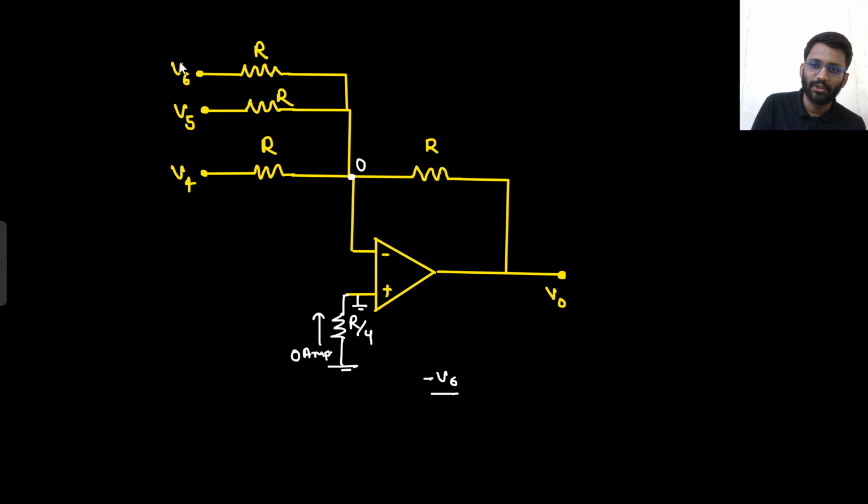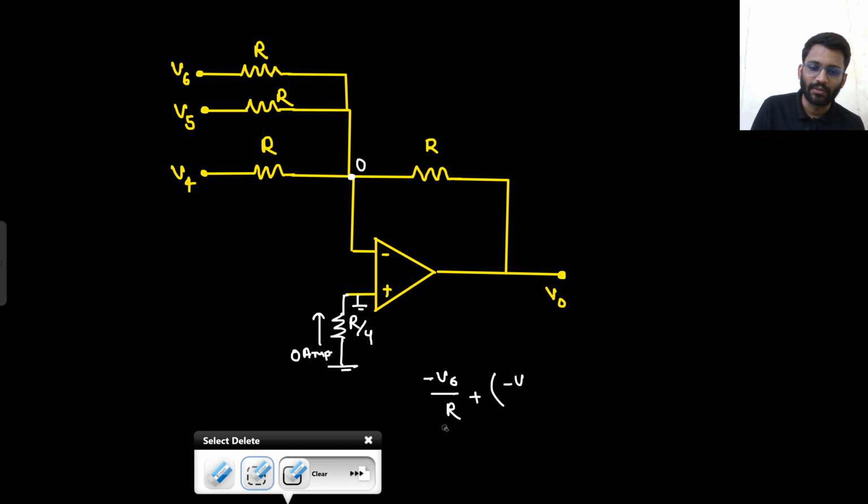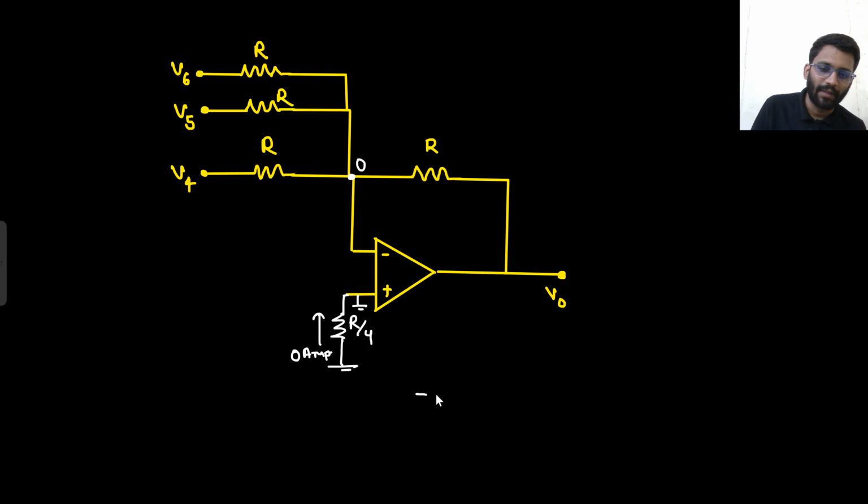0 minus V6 by R plus 0 minus V5 by R plus 0 minus V4 by R plus 0 minus V naught by R is equal to 0.